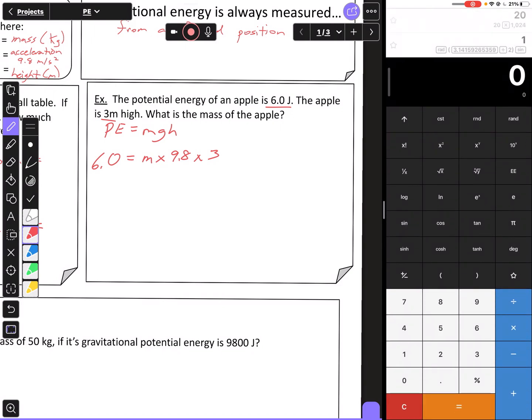Alright, so 9.8 times 3 is 29.4, so this gives me 6.0 equals 29.4 times m. Divide both sides by 29.4.